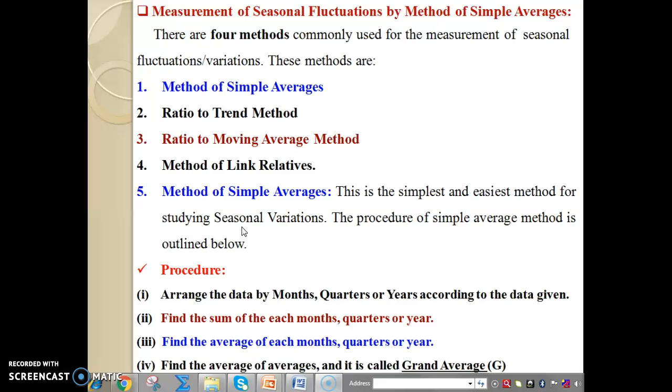This process is known as deseasonalization of the data.